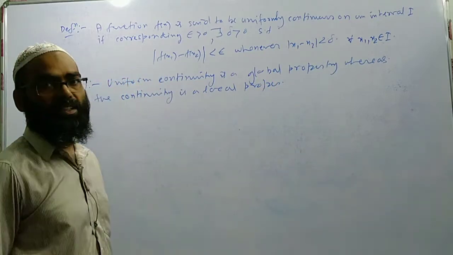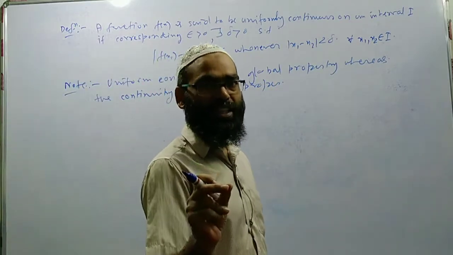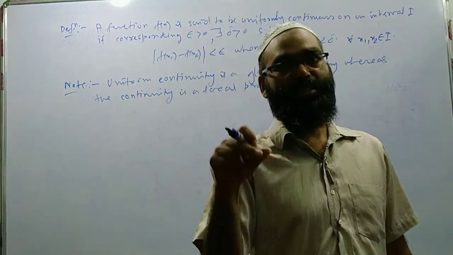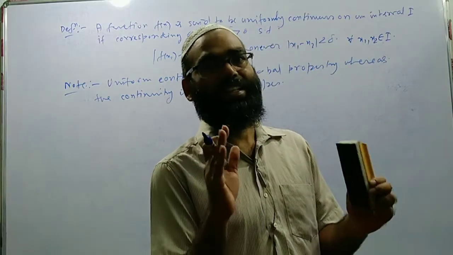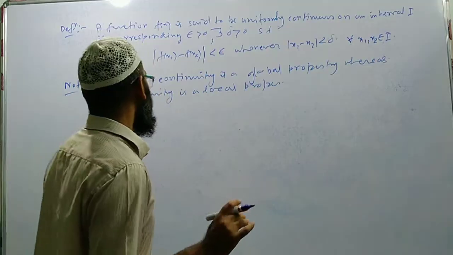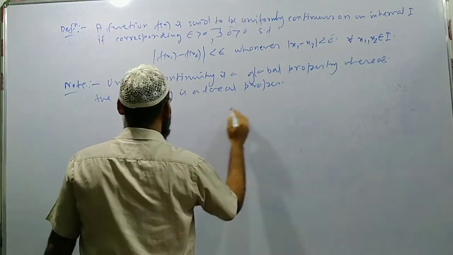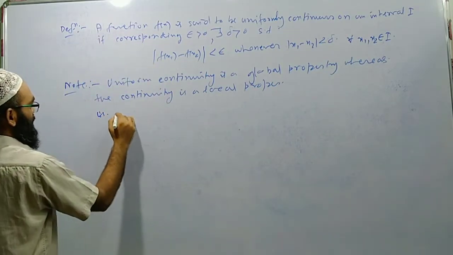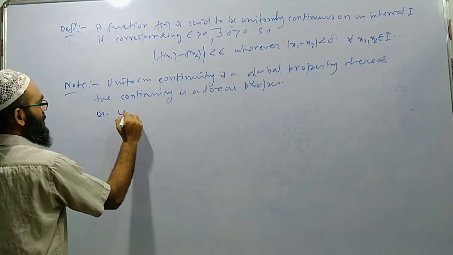That is, uniform continuity cannot be defined at a point. Uniform continuity is defined on an interval or a set.